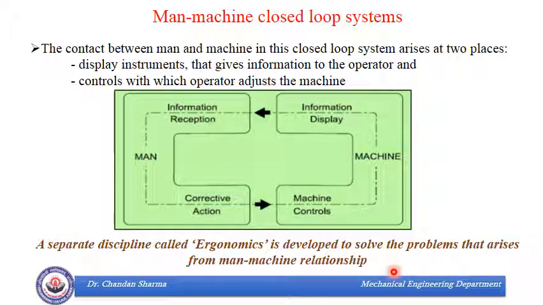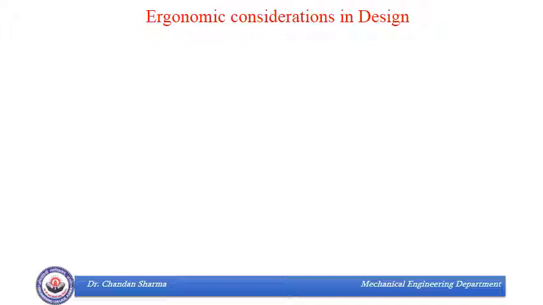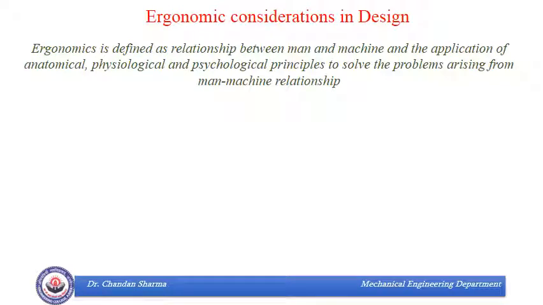For this, a separate discipline that is called ergonomics is developed to solve the problems that arise from man-machine relationship. Let us see what ergonomic design is. It is defined as a relationship between man and machine, and the application of anatomical, physiological, and psychological principles to solve the problems arising from man-machine relationship.